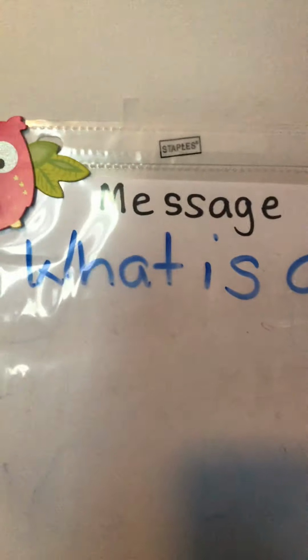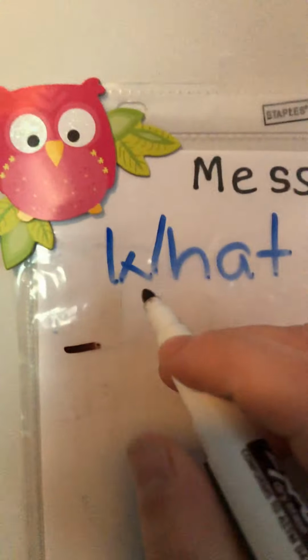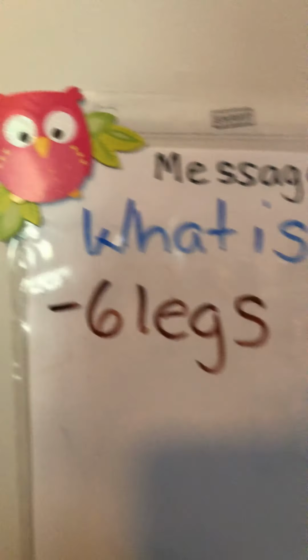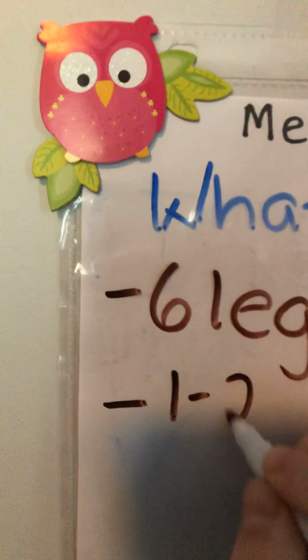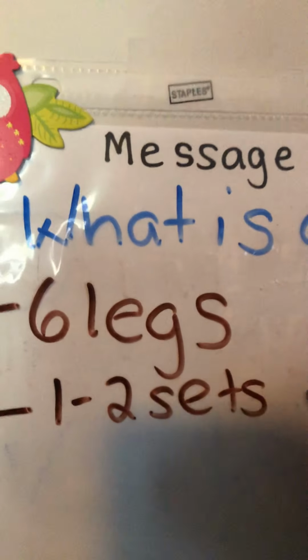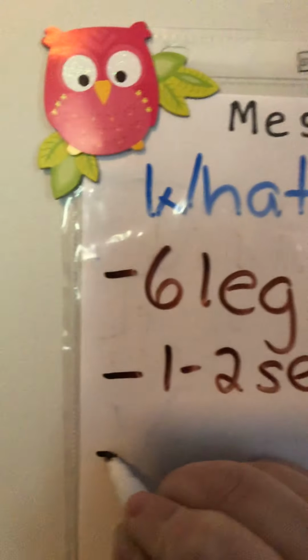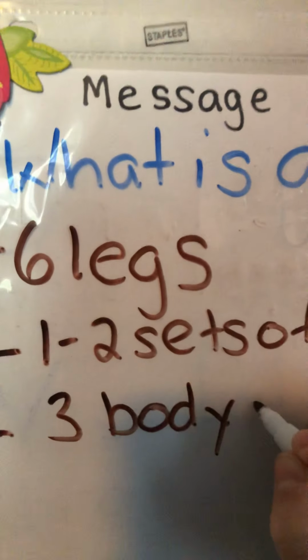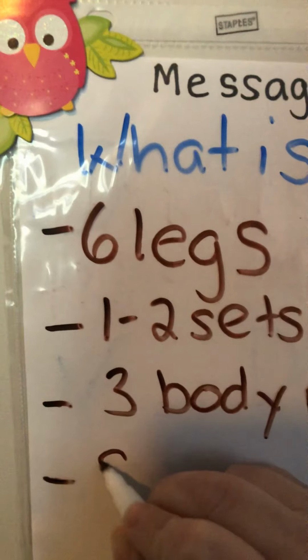Okay, so some of the characteristics of an insect are: it has 6 legs. It usually has 1 to 2 sets of wings. It has 3 body parts. And they're small, right?